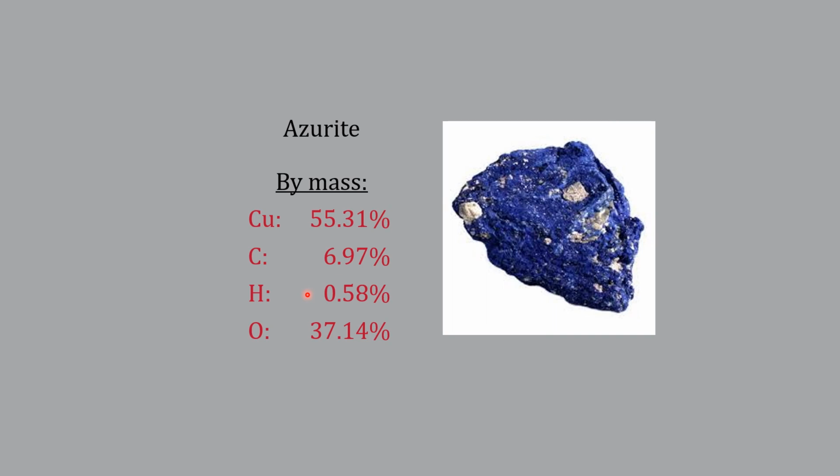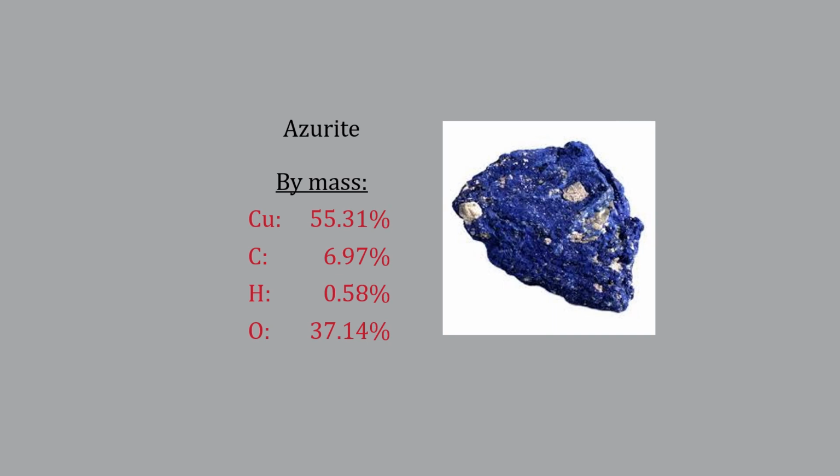So it's mostly copper and oxygen with a little bit of carbon and hydrogen in there. Go through that same process that we did with the boranes, except now you've got 4 elements to work through. And if you can do this, you should have no problem with any assignment, quiz, or exam question.